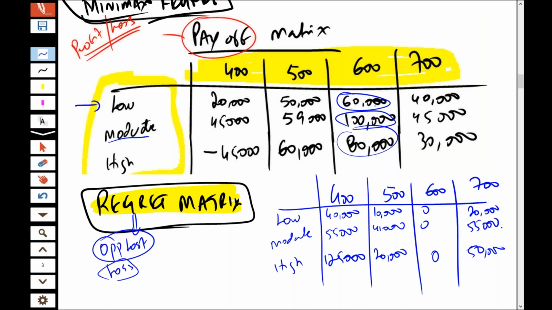So the first thing is you need to establish the regret matrix. Now, what is this regret matrix? These values are telling us the regret.